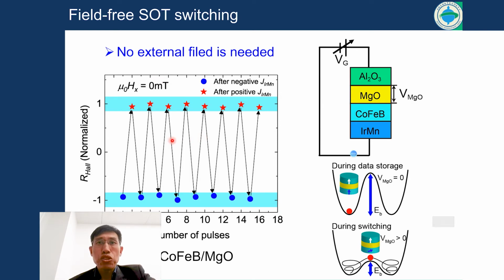Here we show that when we send different pulses, we can switch the devices with repeatable pulses. When positive, we can switch to this state, and when negative, we can switch it back to another state.